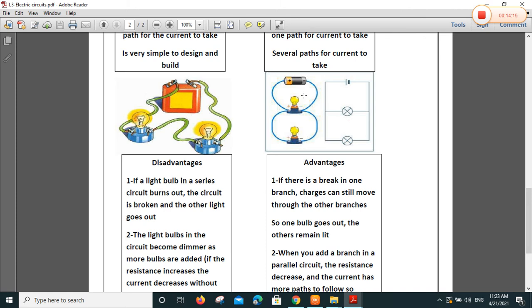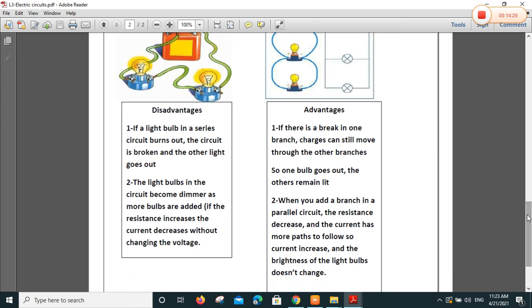So when we add a new branch in a parallel circuit, the resistance decreases, not increases. In series the resistance increases, but in parallel the resistance decreases. And the current has more paths to follow, so the current increases. As resistance decreases, current increases.